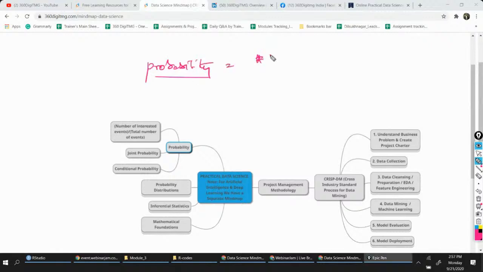Probability is equal to the number of interested events by total events, right? We are going to further discuss the distribution of these probabilities. All right, so we'll take a short break now, and we'll come back and discuss this.